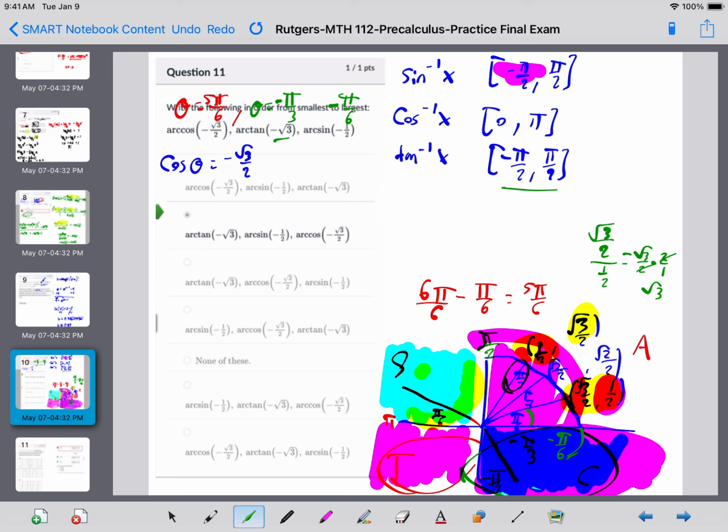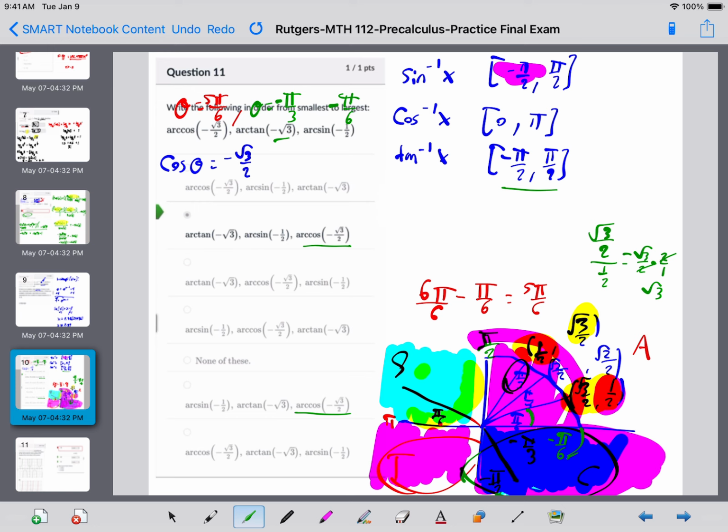So, obviously the positive answer, 5 pi over 6, is going to be the largest, right? So arc cosine of negative radical 3 over 2 will be the largest. Then pi over 3 is a larger value than pi over 6.